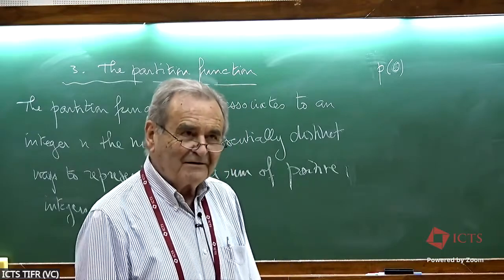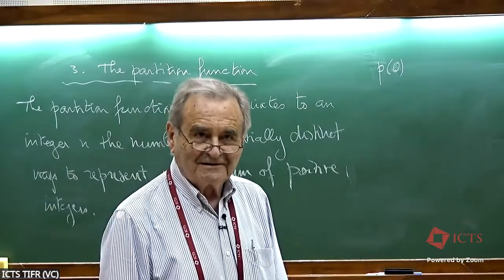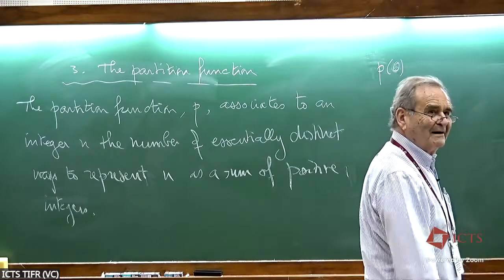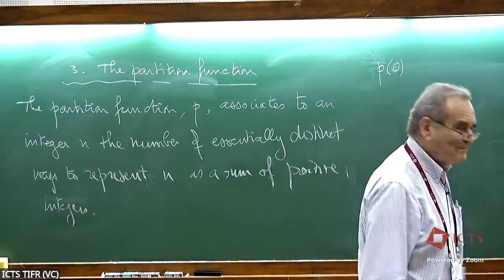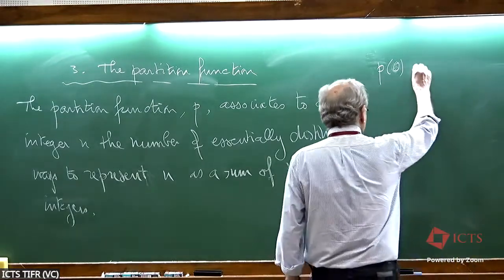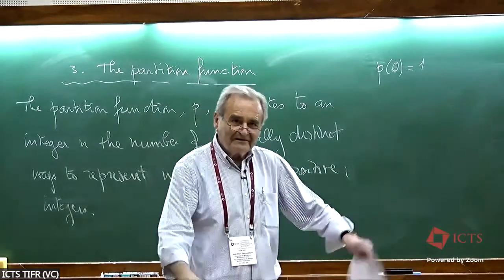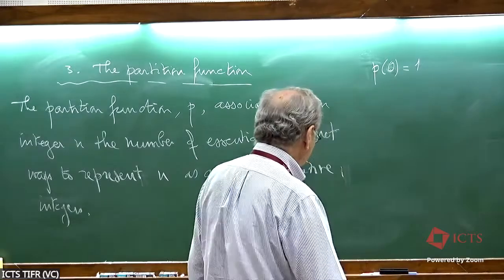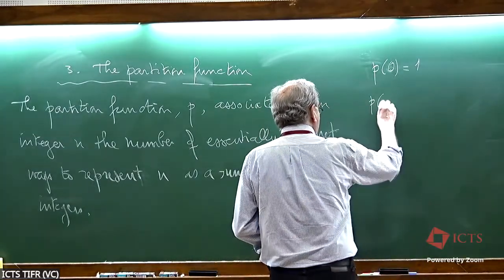But another one is to say, yes, there is one representation, which is the empty representation, with 0 of each of them. And as we have seen with P_m of n, the second way is much better. So p of 0 is 1. This is a convention, but then all the expansion in series will work if you put p of 0 equal to 1, otherwise you have problems.